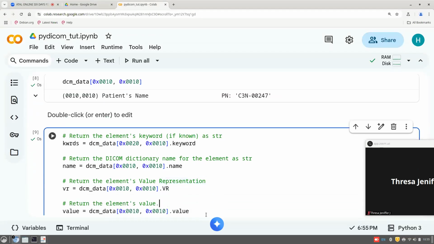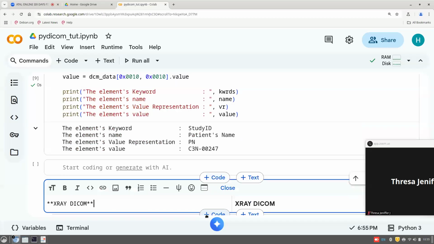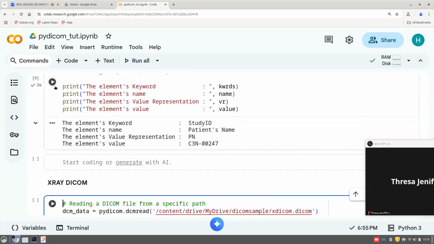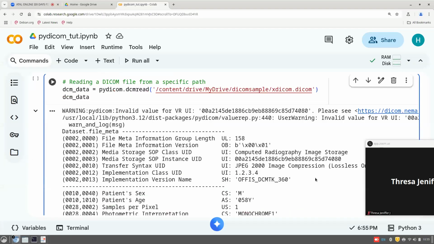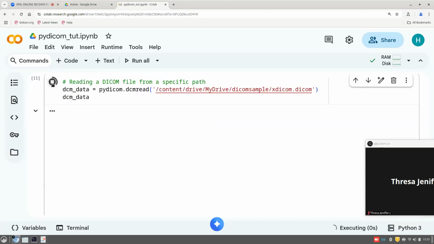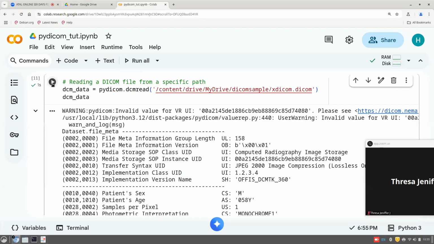You can see here, when I run this cell, I get keyword is study ID, name is patient's name, value representation is given, and element value is the OP number of that patient. You can get all this information, not only the image but also all other information of the patient in the DICOM file.